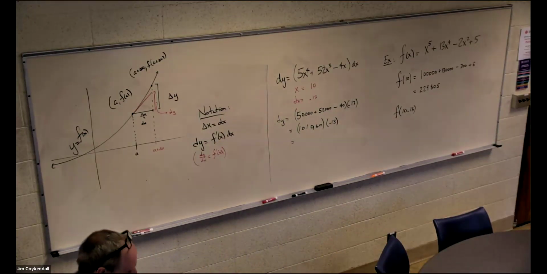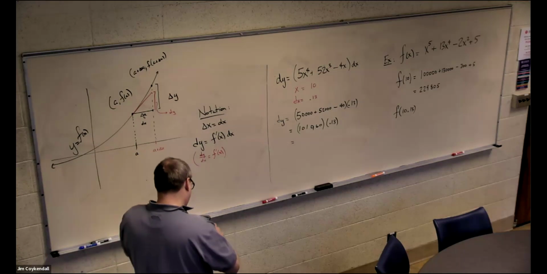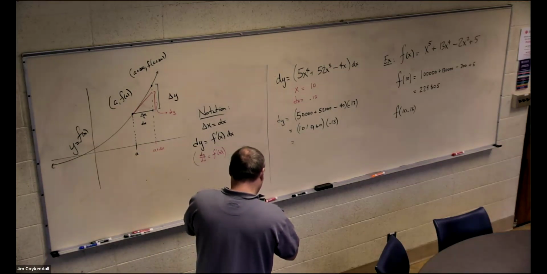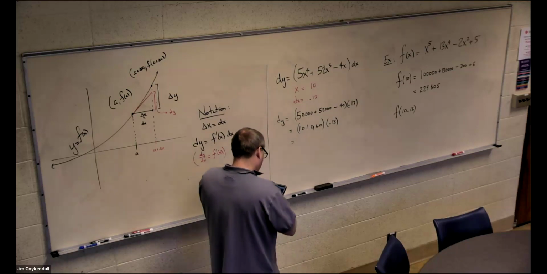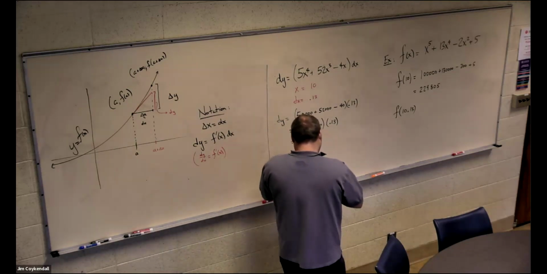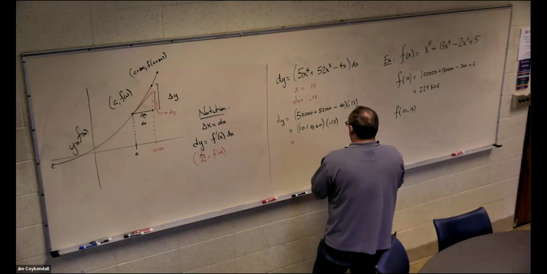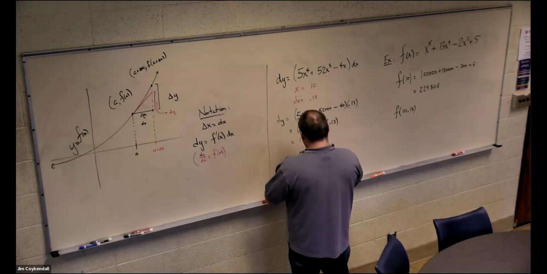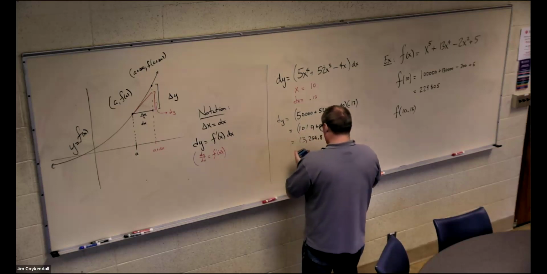So what do we get here? 1.196 times 3. So I get an estimated change of 13,254.8.